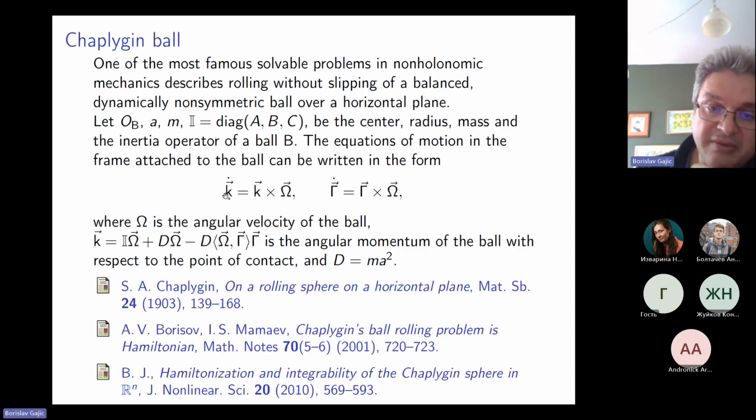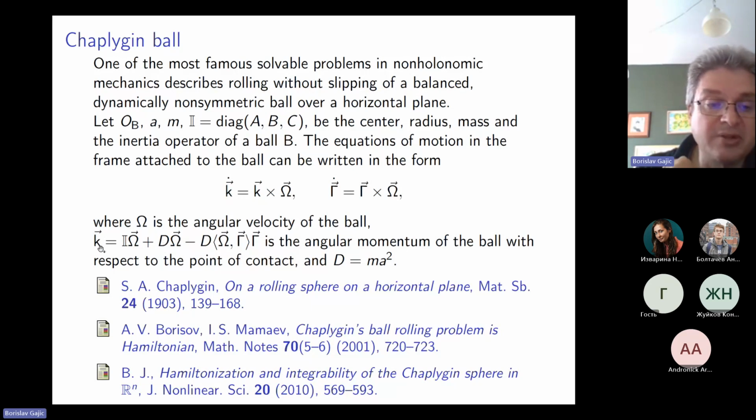You see these equations here. For those who are not experts in nonholonomic mechanics, they are very close to the Euler equations of a rigid body around a fixed point. In the Euler case, we have the same form of equation, but d is equal to 0.